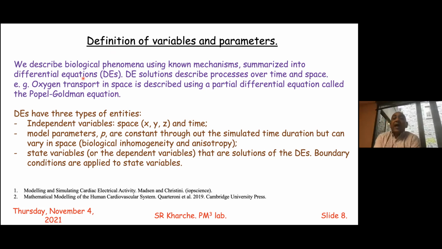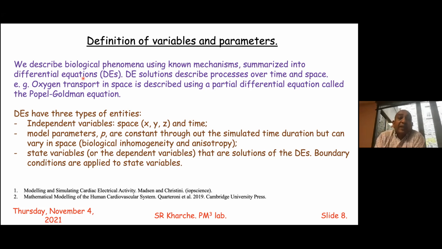And these differential equations, when solved, will describe the process. For example, the velocity of blood over space and time. For example, the distribution of an arrhythmia in Randa's 3D heart. For example, the distribution of oxygen in 2D and 3D spaces, as described by Dr.